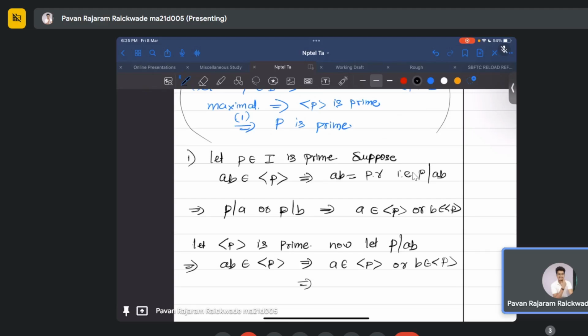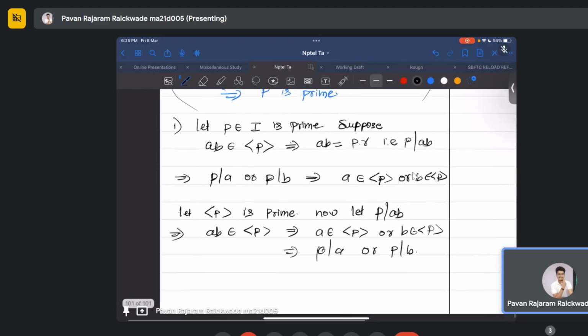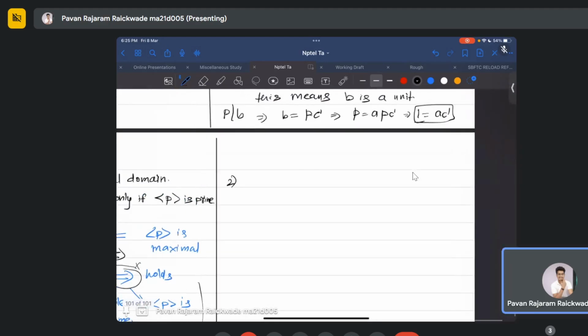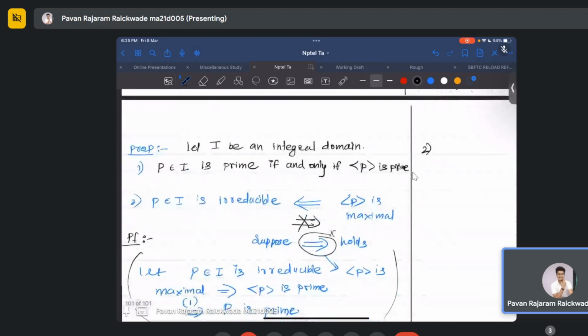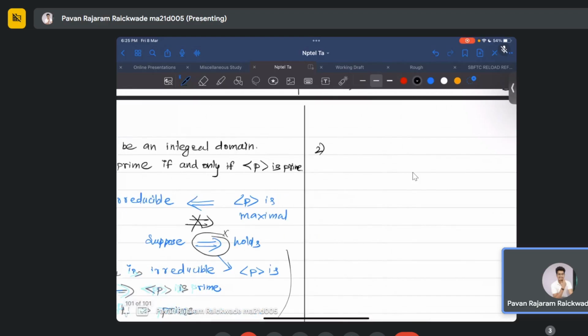But this will imply P divides A or P divides B. So it's a very quick and easy proof that an ideal is prime if and only if the generator is prime. I will go for the second proof. For the second proof, we have to show that the ideal generated by P being maximal implies the element is irreducible.